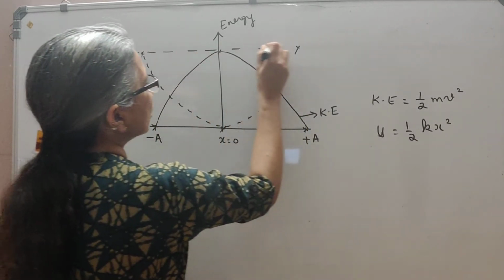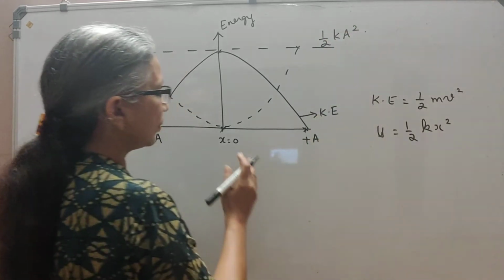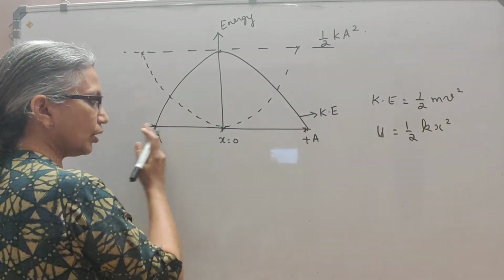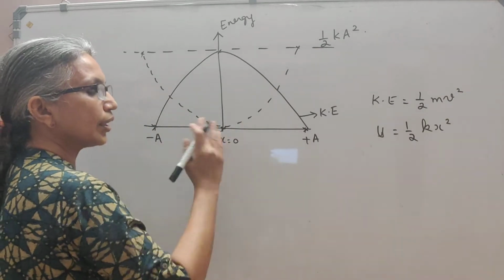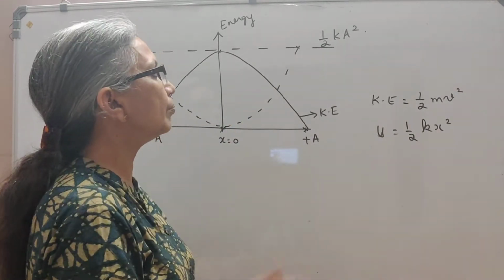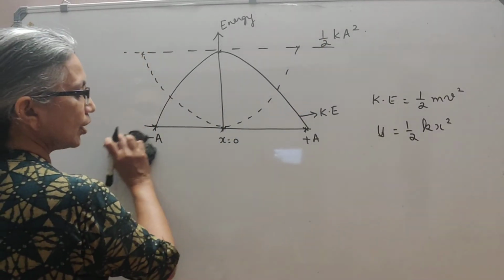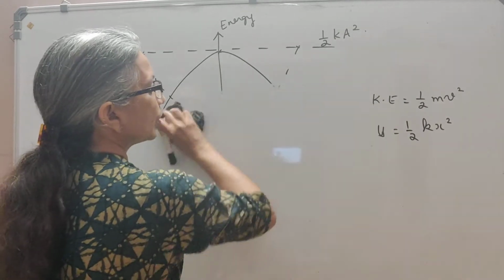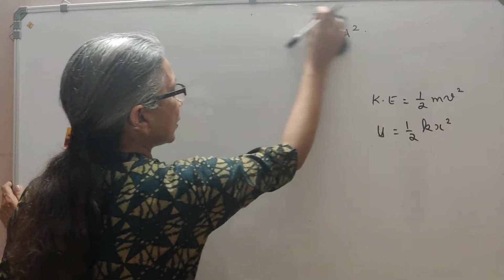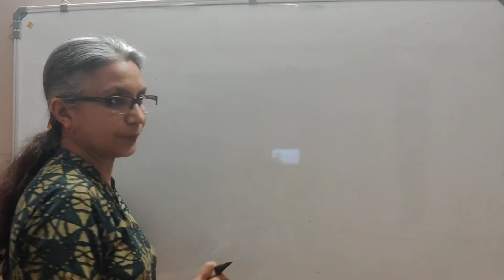But the total energy will be half k a square. So as the particle oscillates to the right and to the left extreme, you will see that kinetic energy gets converted to potential energy and so on. But the total energy will remain a constant. So these are the two graphs that you have, one showing the variation of energy with respect to time, and also the variation with respect to displacement.